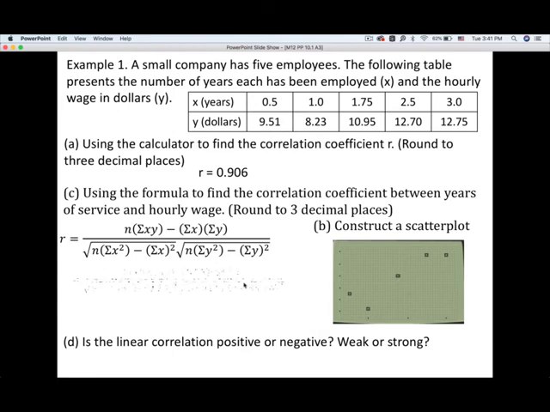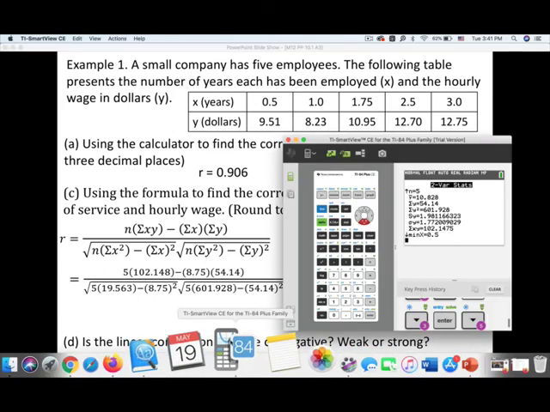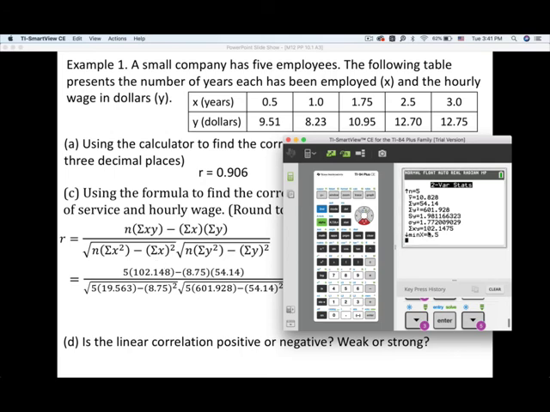You could see this. Okay, double check summation XY. That'll be 102.148. Summation Y is 54.14.